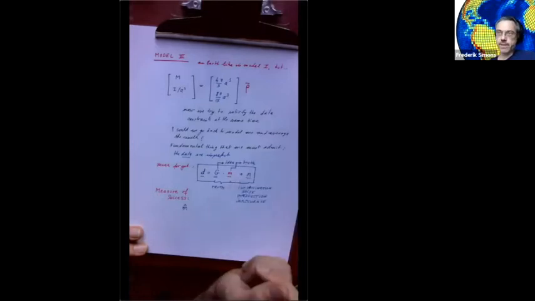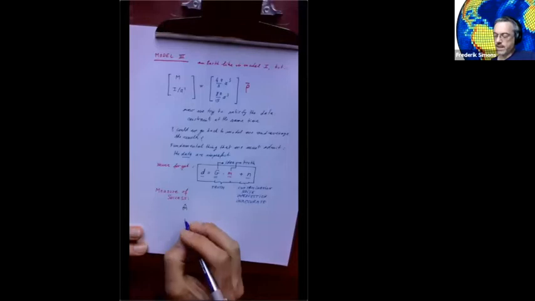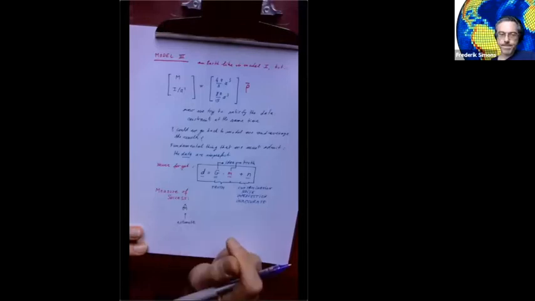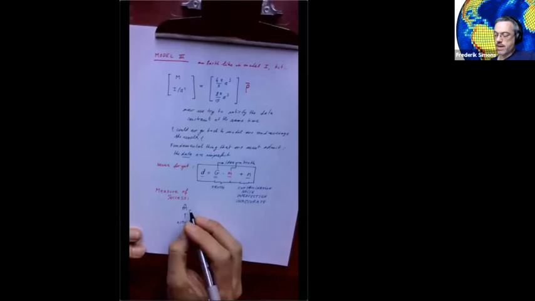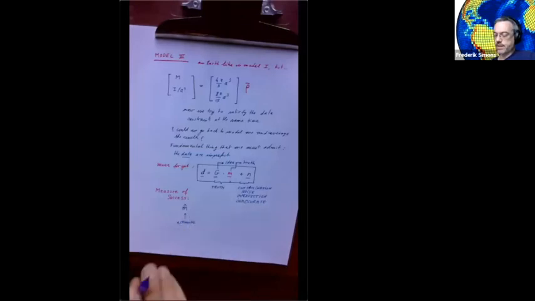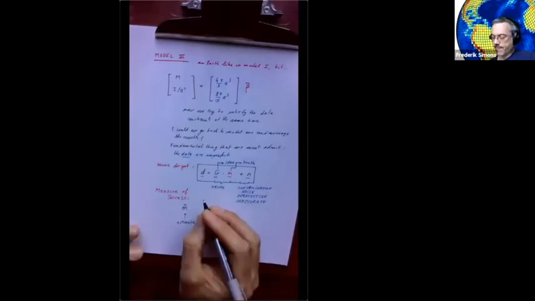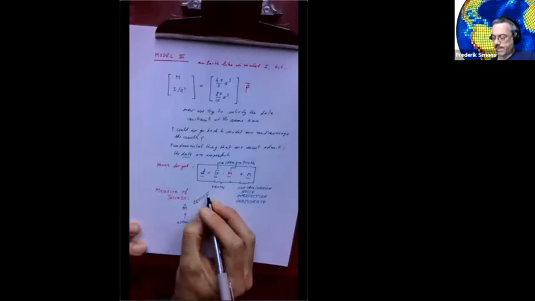If Newton's right, then that's the gravitational acceleration. If the Earth is a homogeneous ball, that's the density, okay? So now here with the hat on it, we're having an estimate, okay?